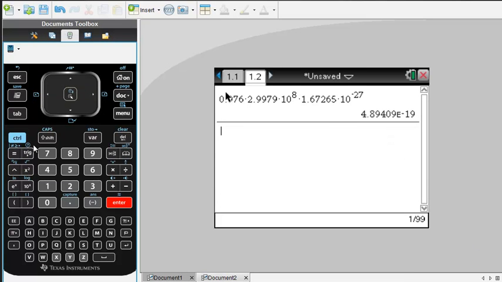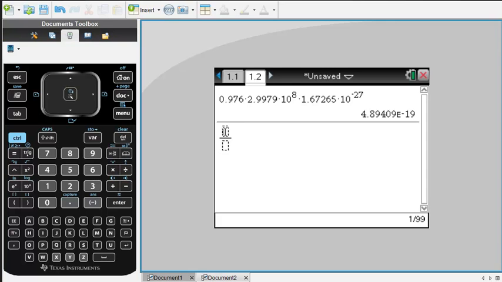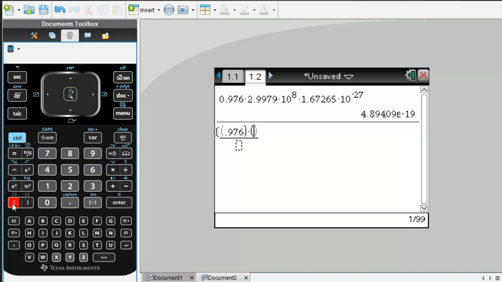So we've got this top part, which is 0.976 times 2.9979 times 10 to the 8th. Now, of course, you could have just took this answer and put it in there, but I like to try to be as specific as possible.